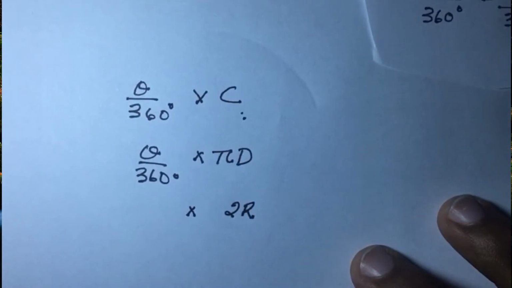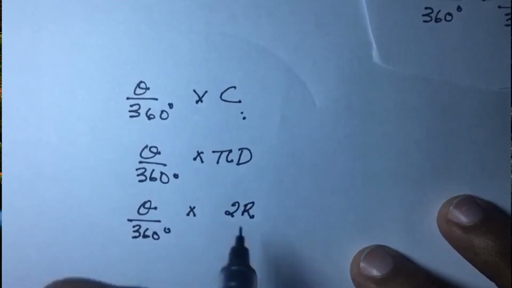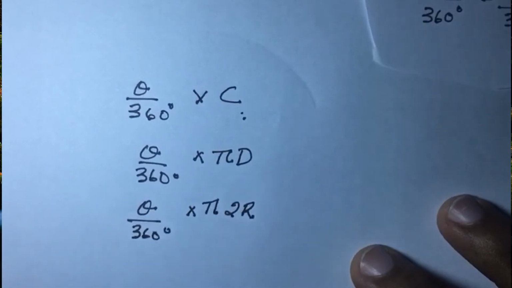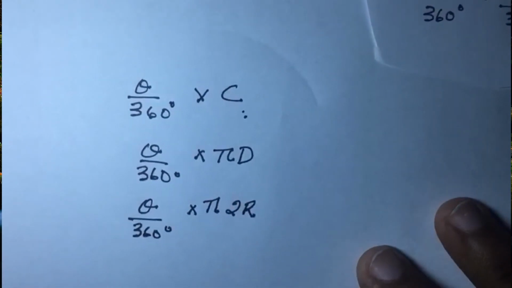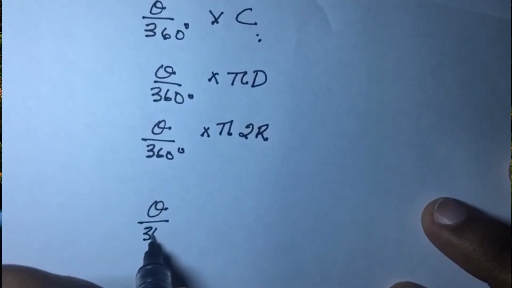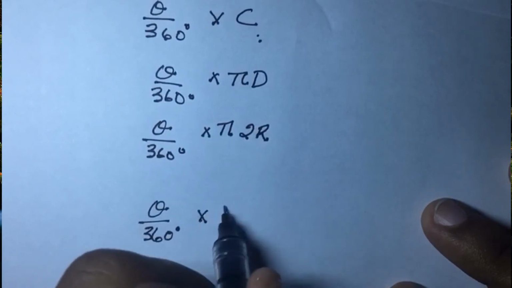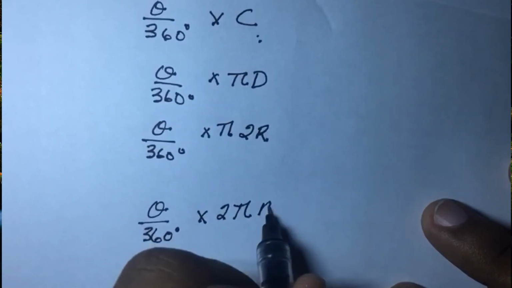So to calculate the length of this arc, we have theta over 360 degrees multiplied by pi times 2r. To see this easier, it is theta over 360 degrees multiplied by 2 pi r.